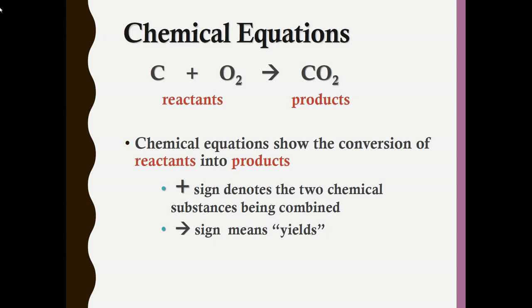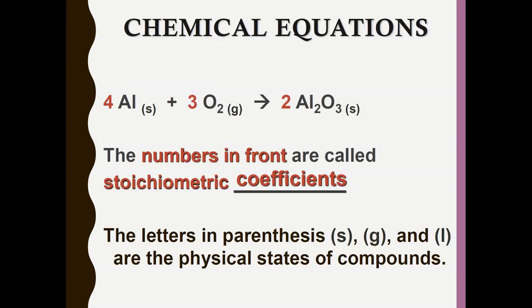The plus sign represents the two chemical substances that are being combined, and the arrow represents that it's being formed, or yields. So you can say the chemical equation is carbon plus oxygen react to yield carbon dioxide. That's how you're supposed to read a chemical equation.